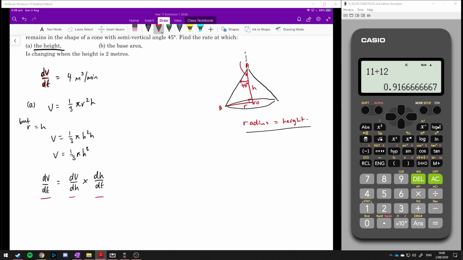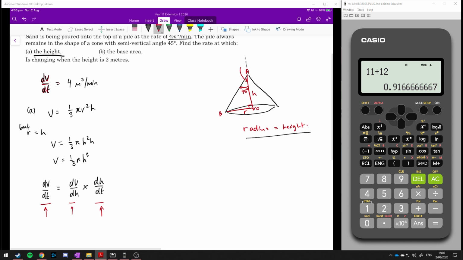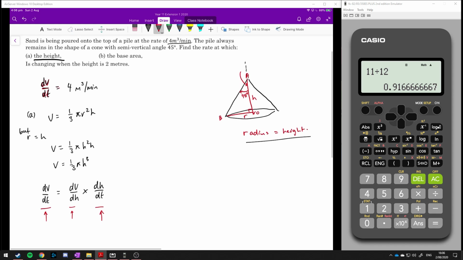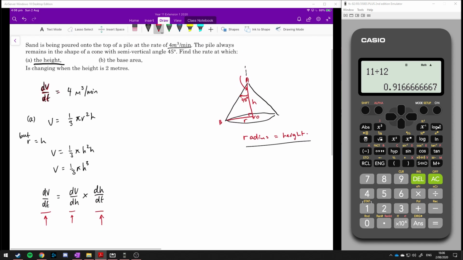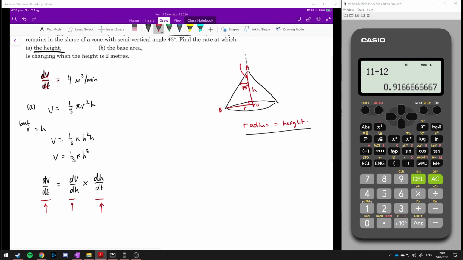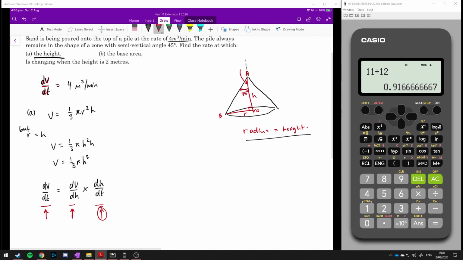Because we know something about this rate, and we know something about this rate, and we're wanting to find something about this rate. We're wanting to find out how the height is changing. We know this one, we know this one, and we don't know this one. And we want to know the rate the height is changing.